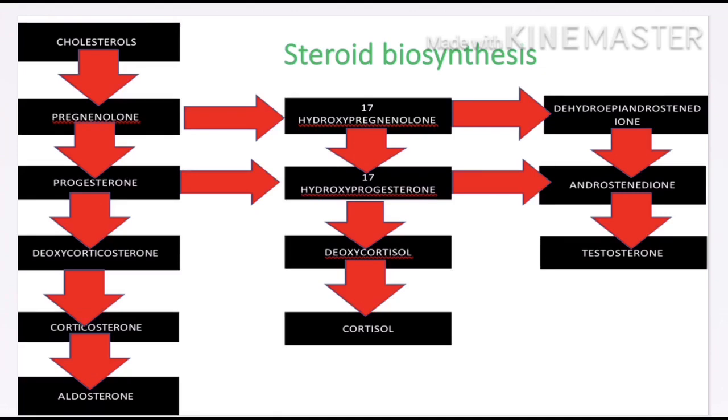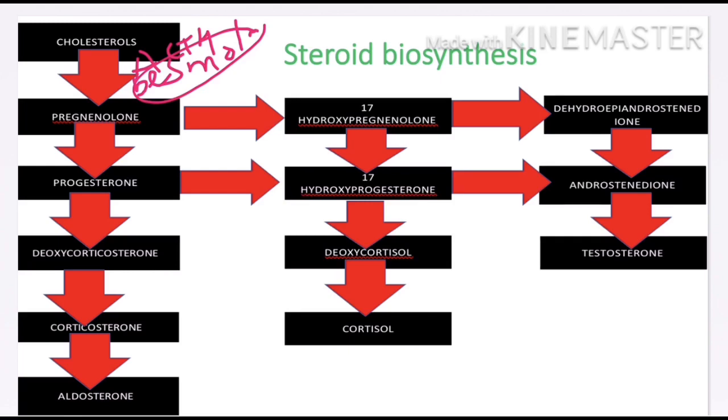So first of all, steroid biosynthesis. First, cholesterol is converted into pregnenolone. Here we have the enzyme ACTH along with desmolase. Okay, desmolase you can remember. Next step, pregnenolone is converted into progesterone.